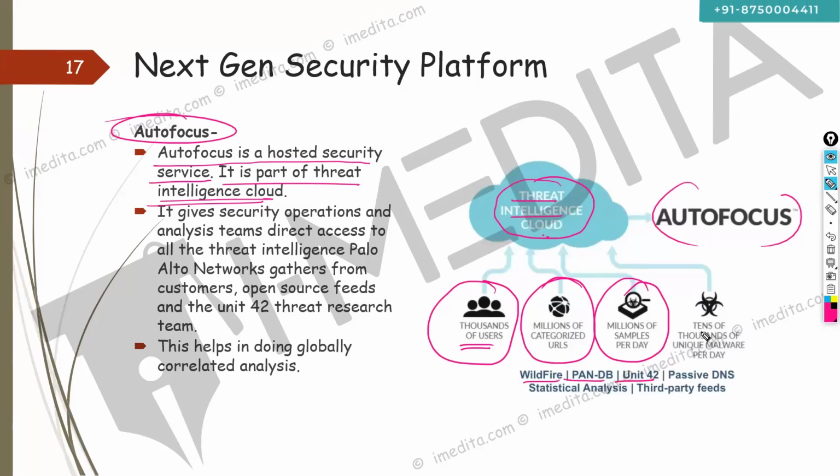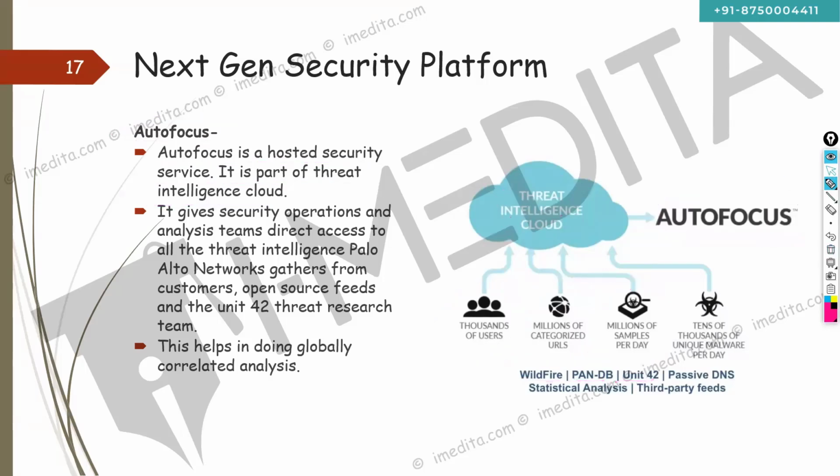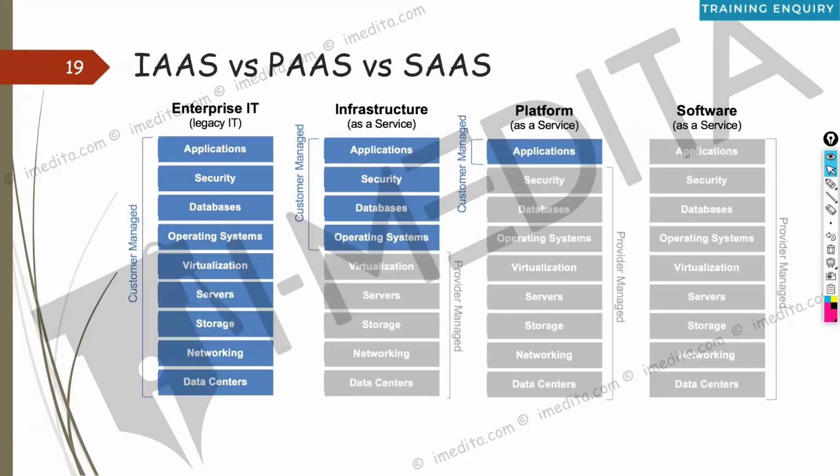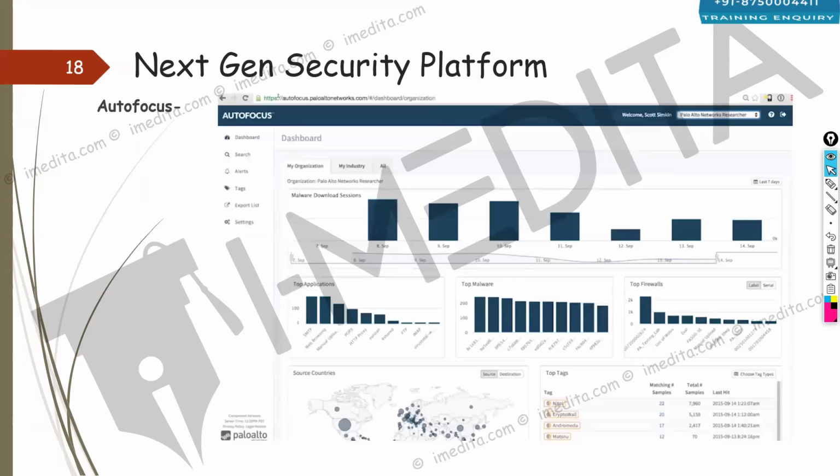Cloud means we have 42 units worldwide in different countries which will check and analyze the files you submit to the Palo Alto cloud. Got it or not? So it is just giving you a picture. In future, these units can be 50 or 100, or they can be 10 or 20, but leave it. This is just for marketing. No use of AutoFocus here.